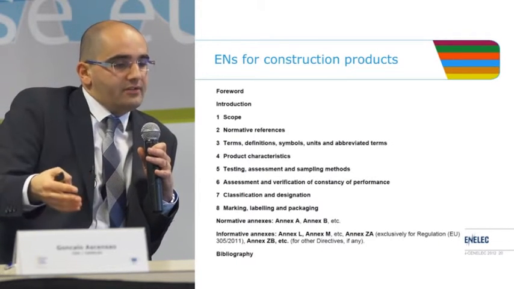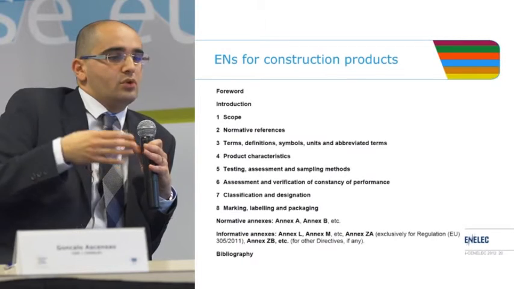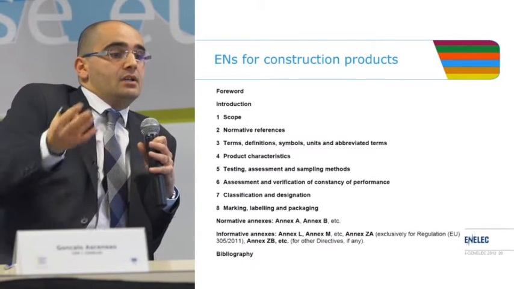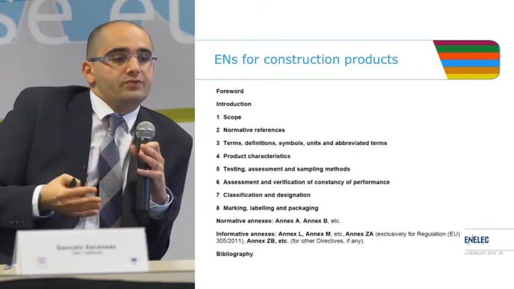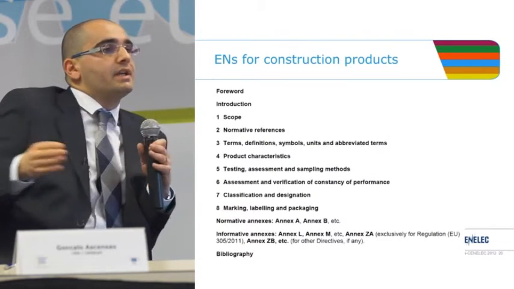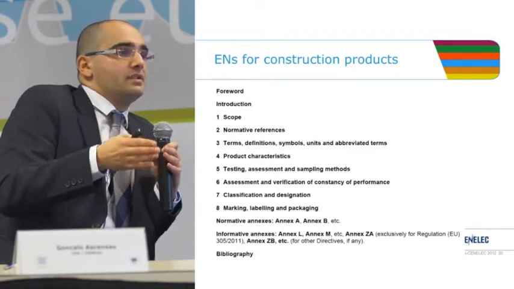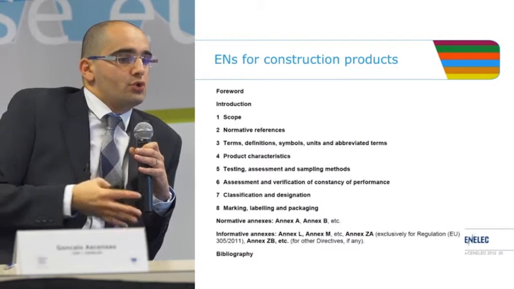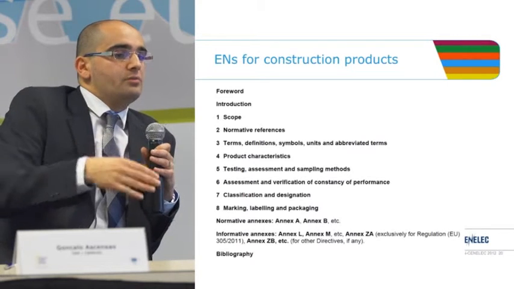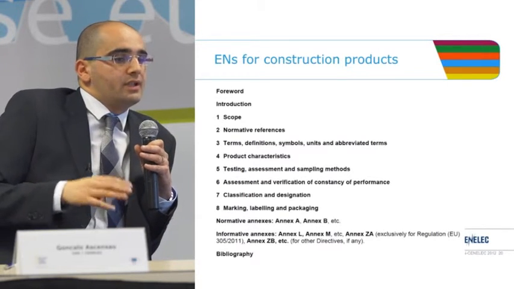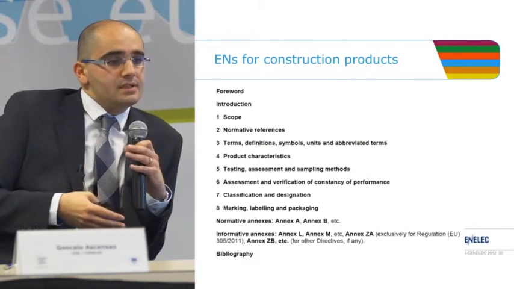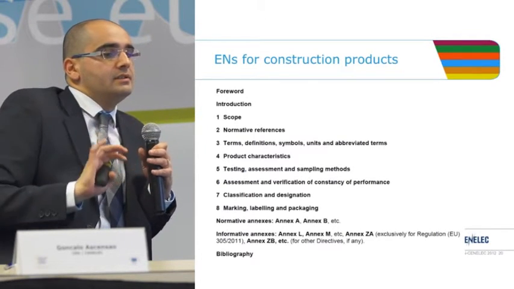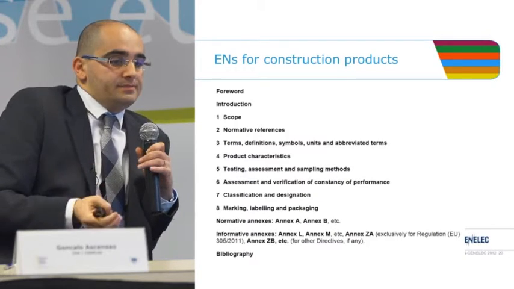In clause 5, we will have the references to all the test and assessment methods to test these characteristics. Clause 6 contains all the information for ensuring that the performance determined in the product type can be ensured, so how the manufacturer should ensure that he is maintaining the performances. And if needed, we still have clauses 7 and 8, and also normative annexes.